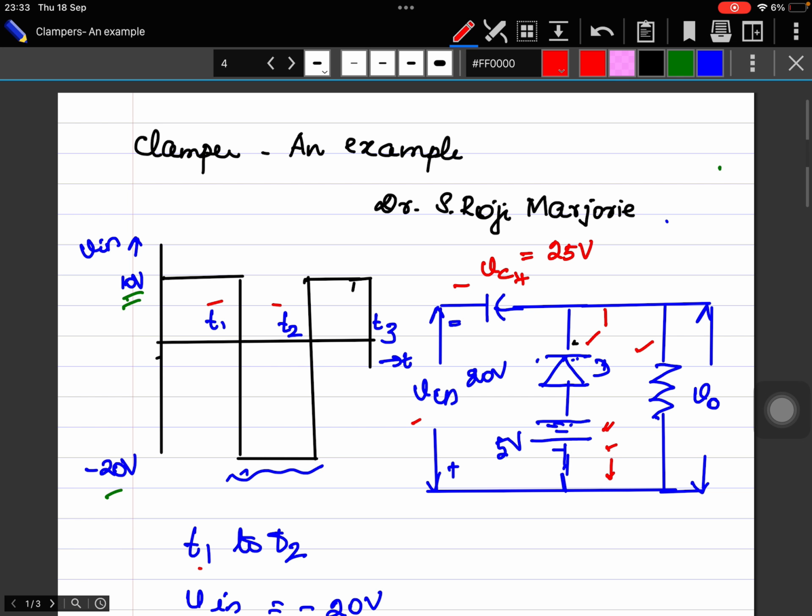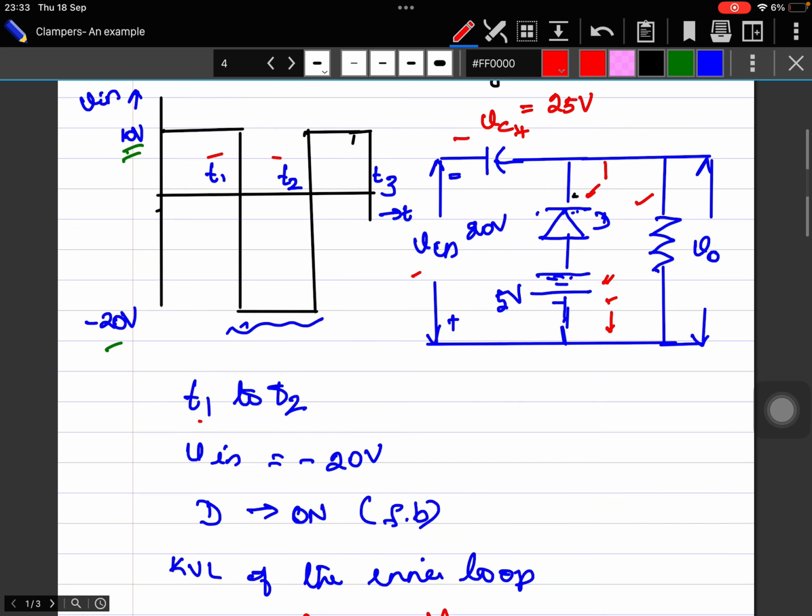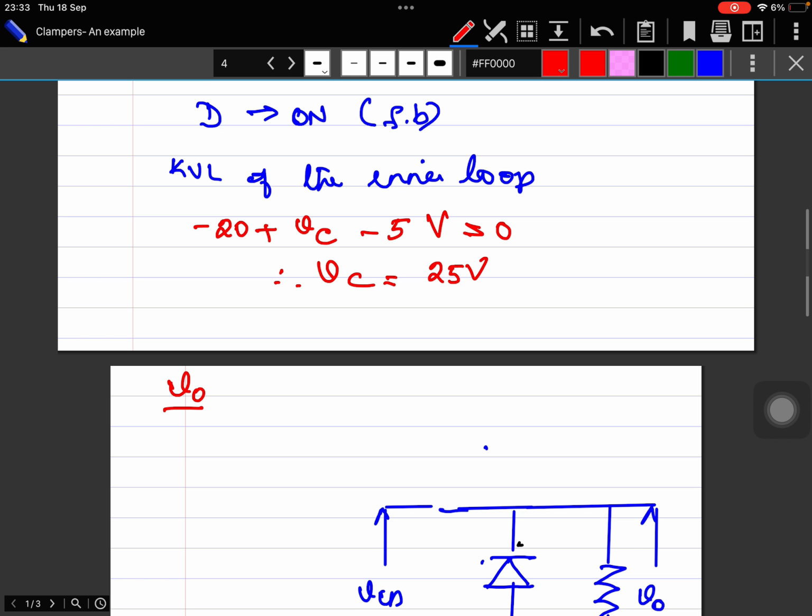I neglect the diode drop in comparison with 5 volts. So the output voltage VO will be approximately equal to 5 volts. Why did I take it as an approximation? Since the drop across the diode is neglected.